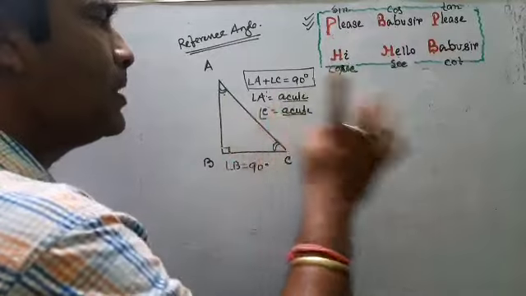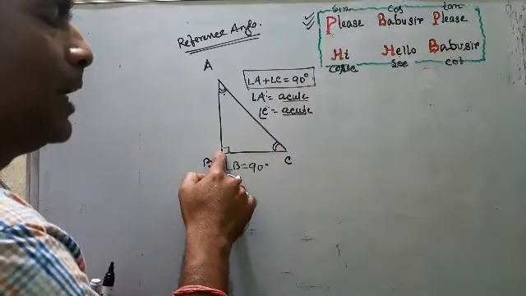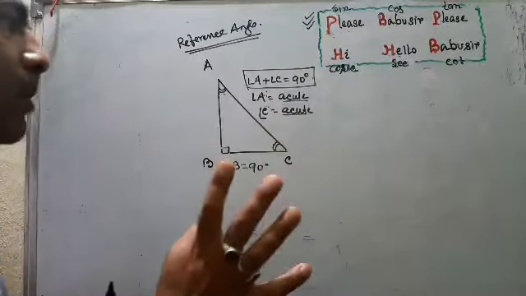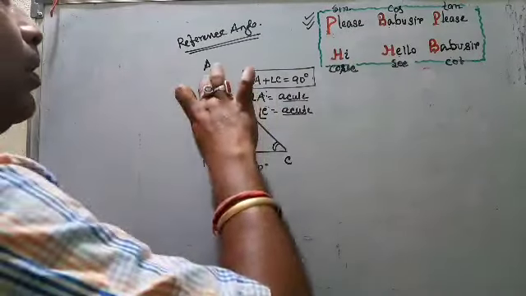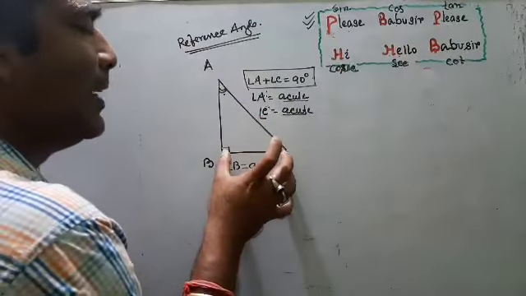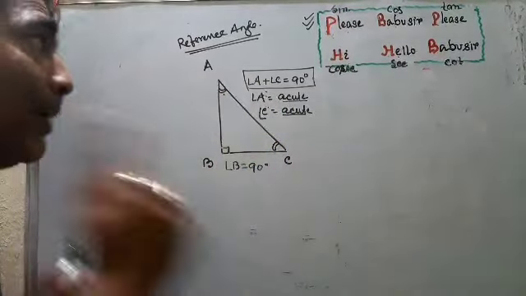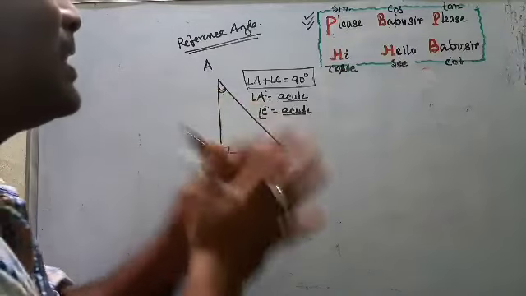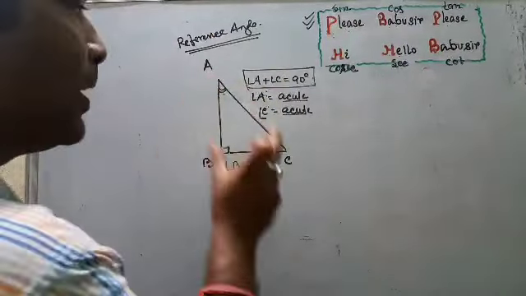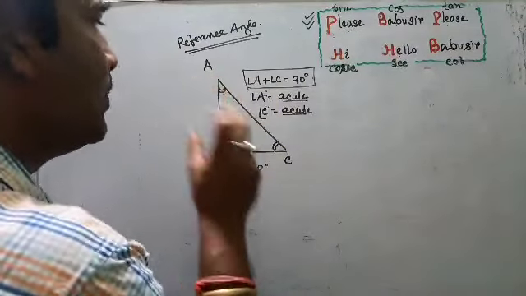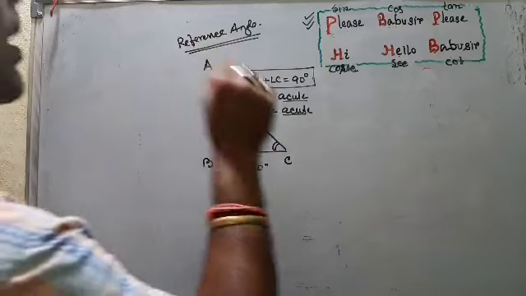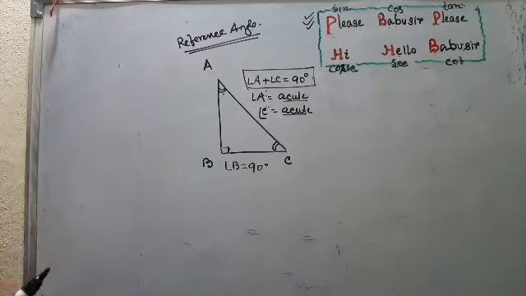Only the hypotenuse is confirmed, the side opposite the 90 degree angle. But we can take any side as a perpendicular or any side as a base. But when a reference angle is given, then it is easy to determine which one we take as the perpendicular and which one we take as the base. That is the work of this reference angle.